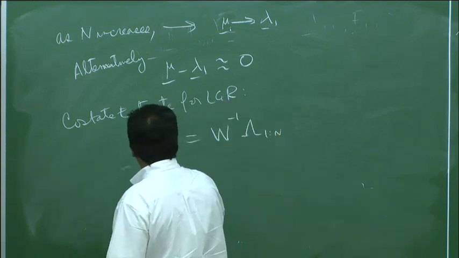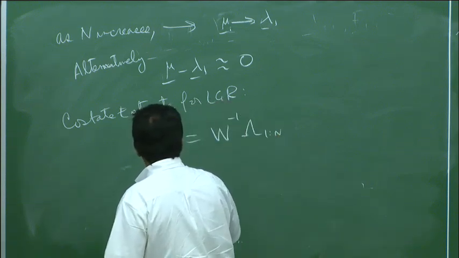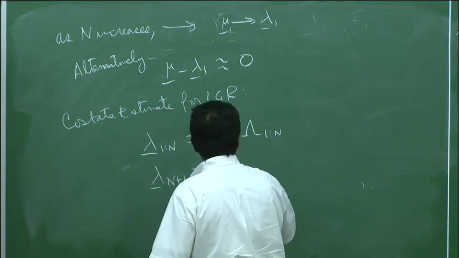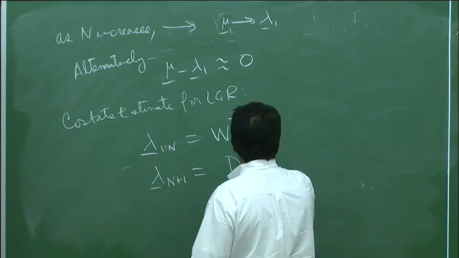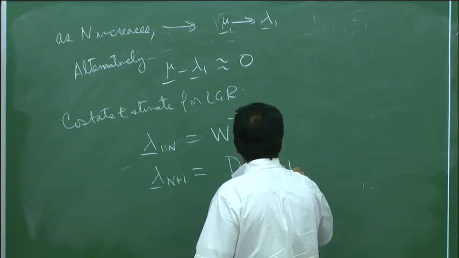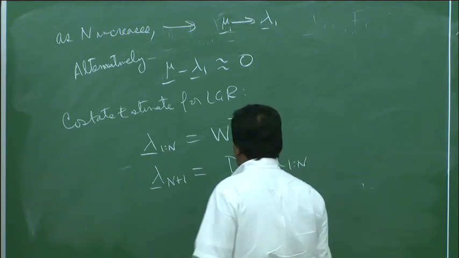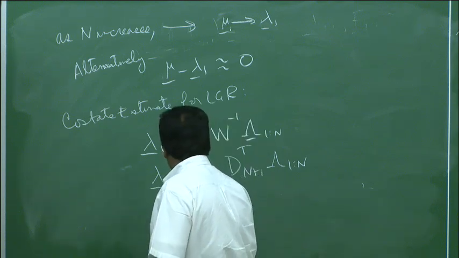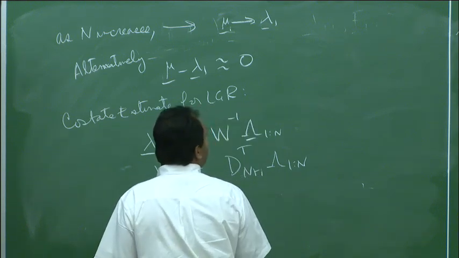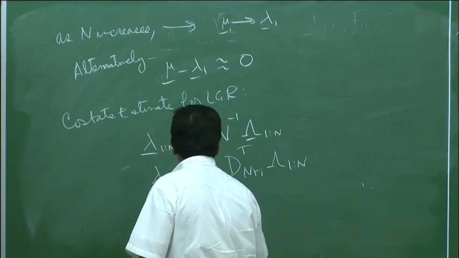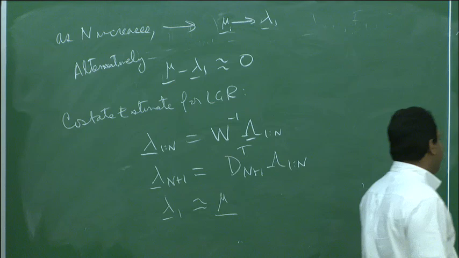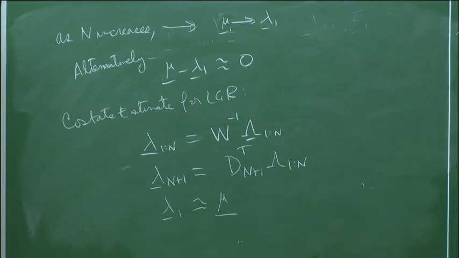And we get lambda n plus 1 is equal to D n plus 1 transpose times capital lambda 1 colon n. So we can get a full slate of information to do the costate estimate.